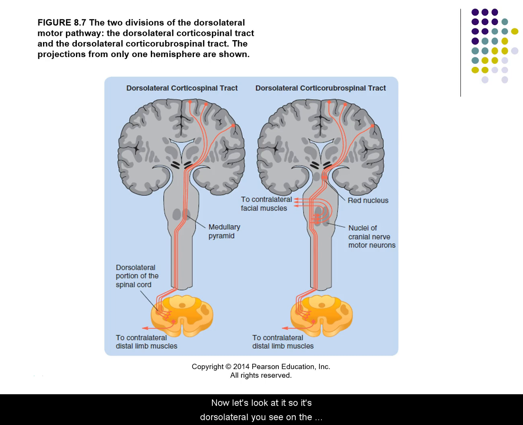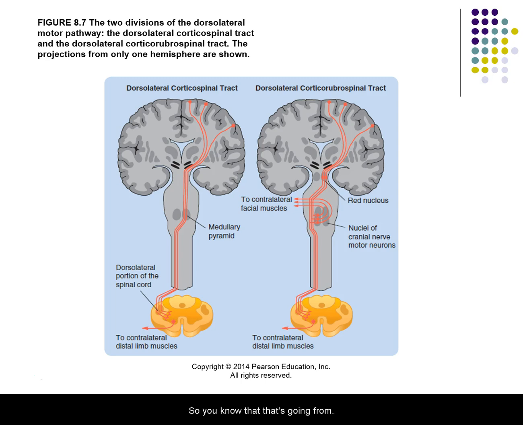Okay, now let's look at this. So it's dorsolateral. You see on the bottom there, dorsolateral portion of the spinal cord. Okay, so dorsal is going to be on top, lateral is to the outside. You see where those interneurons are connecting is kind of to the outside of the spinal cord. So that's dorsolateral to the corticospinal tract. So cortico-cortex.